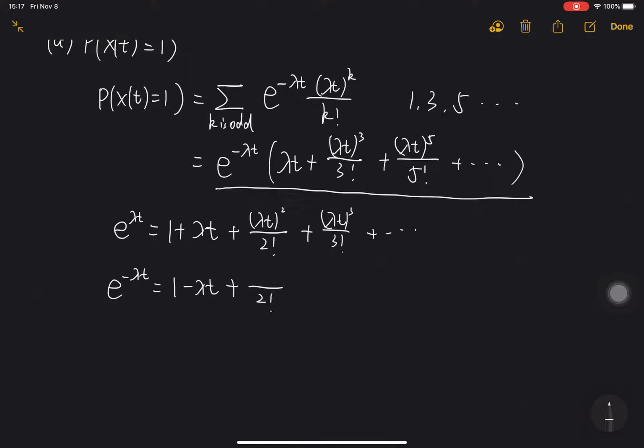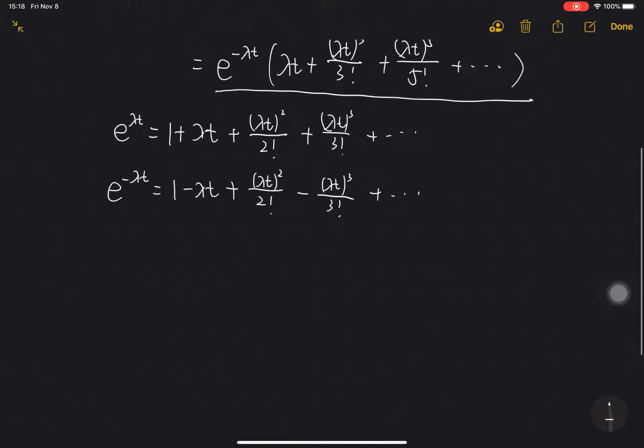So for all the even k the sign should be plus, and for the odd k it should be minus.